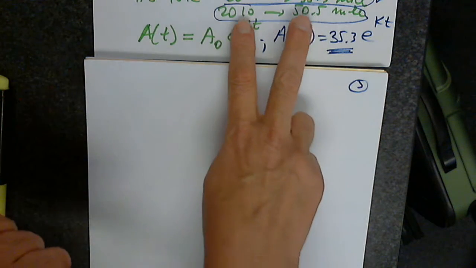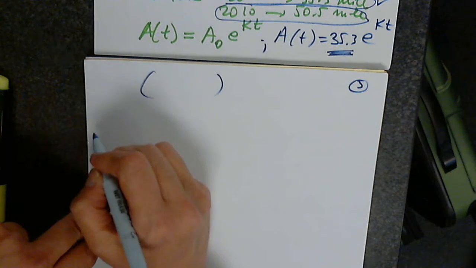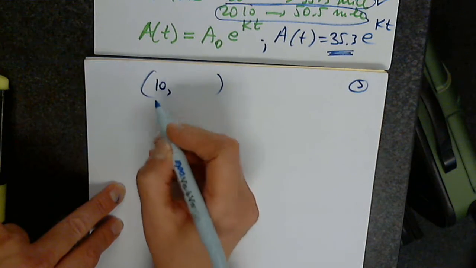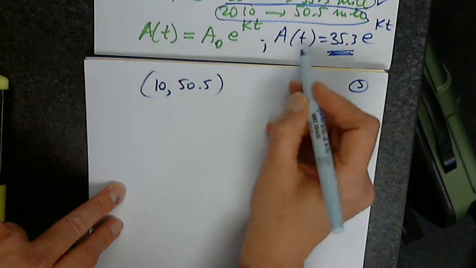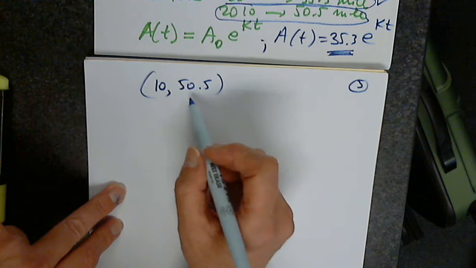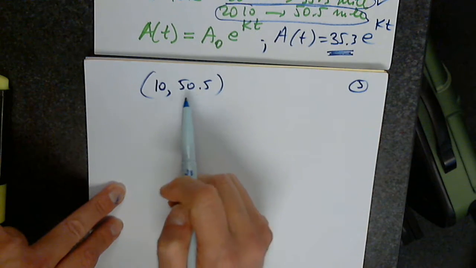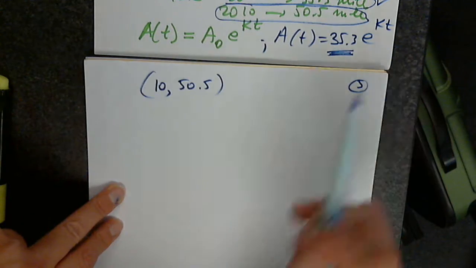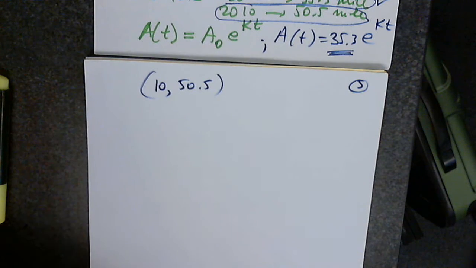So can anyone give us this point? 10, comma, 50.5. I need to plug this into this function. So I need to replace A of t by 50.5, and I need to replace t by 10. That's the point that I'm given. Can anyone tell us what to write?